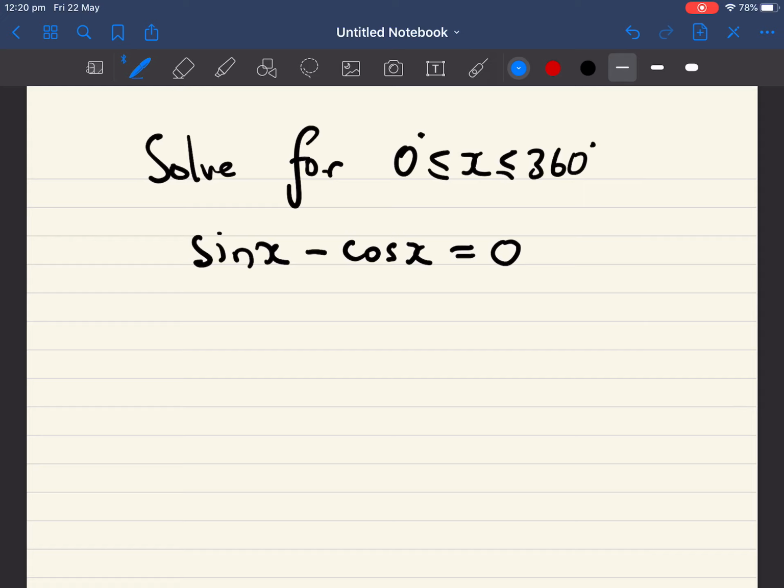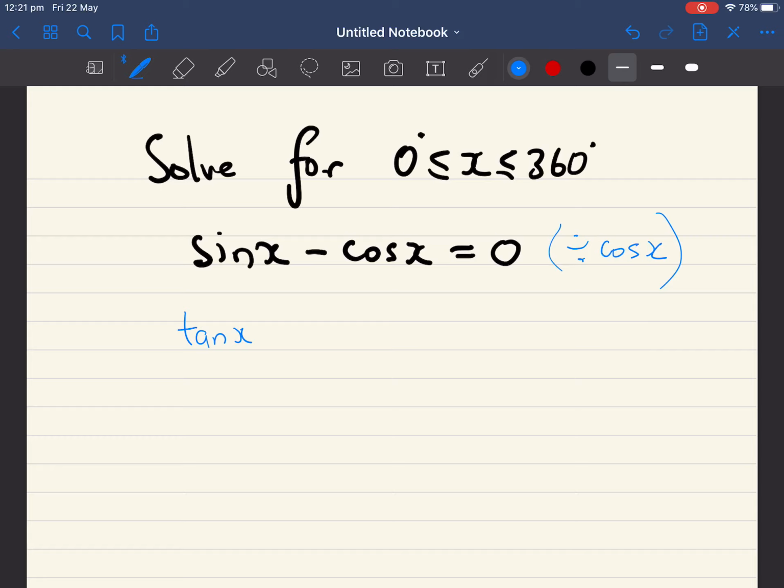If you've got a sine and a cos, initially, you know the first step, try and get the trig function by itself. You can't really do that here though because there's two different ones. So we use the trick of dividing the whole thing by cos x. Just the whole equation. Sin x divided by cos x, hopefully you know, is tan x.